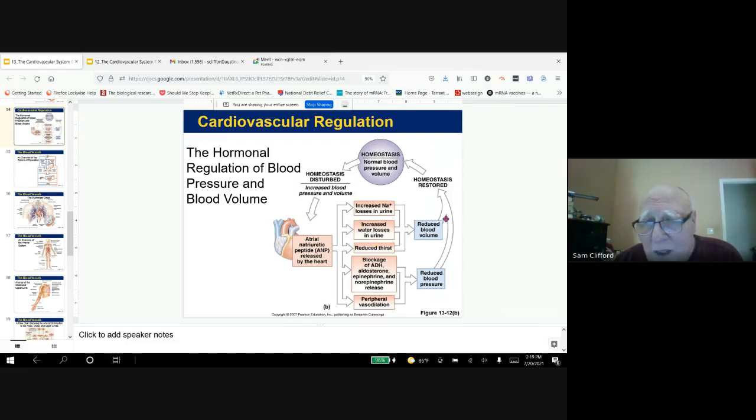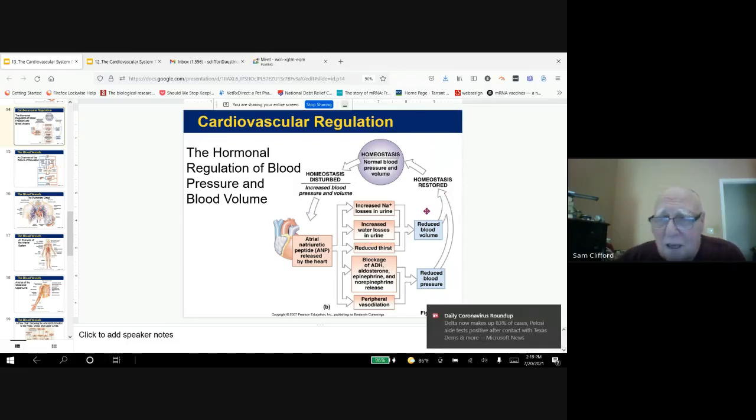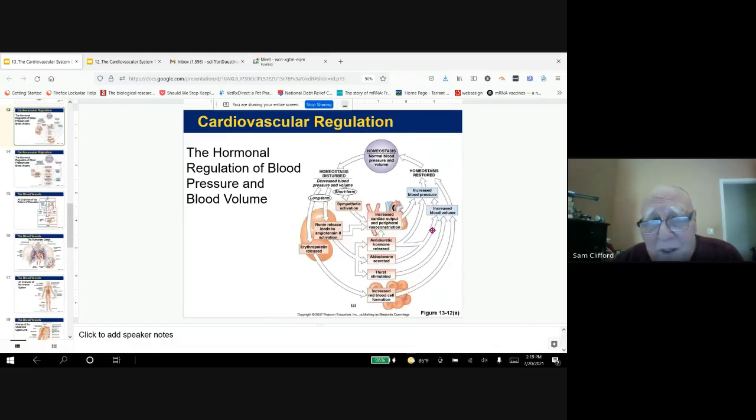Now we're going to do just the opposite and reduce the blood pressure. So we'll go back up here, and here are these hormones. Renin is secreted by the kidneys, which is converted into angiotensin. Since 180 liters of blood goes through the kidneys every day, the kidneys have sensors to monitor blood pressure.